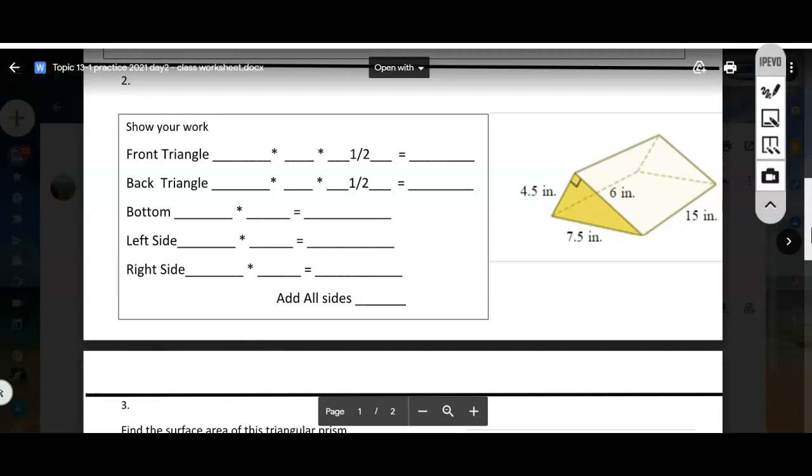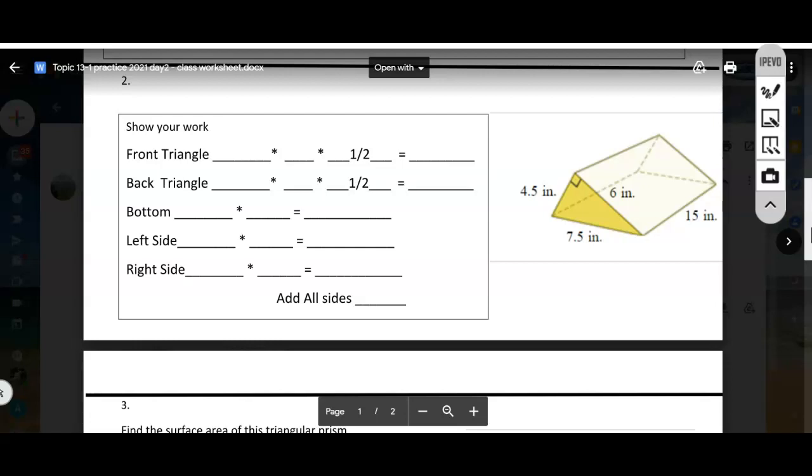What is the base shape? Lorelai? Oh, rectangle is what it's sitting on, right? But that's not the base shape. Remember, we said the base shape is what we use to identify the type of prism. So right, if it's a triangular prism, the base shape is a triangle.